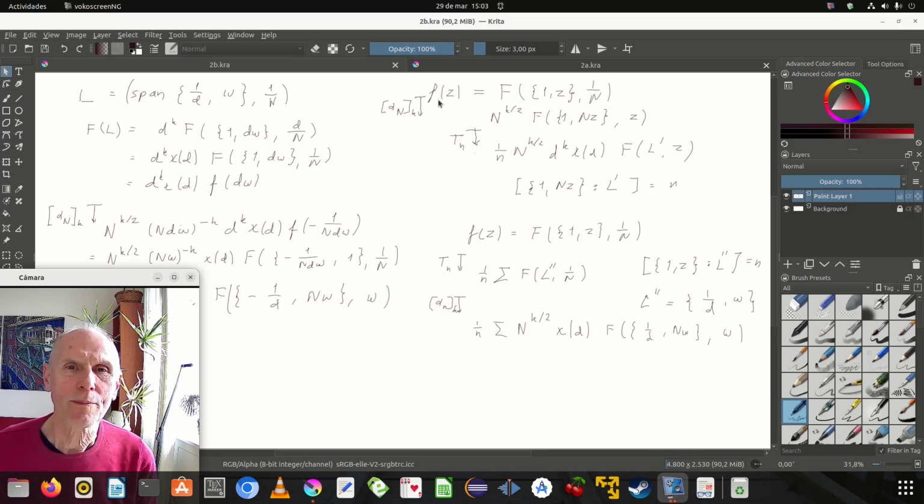Now, when we take our function f of z and transform it to the function on a modular point and operate with Tn, we get lattices of index n here.